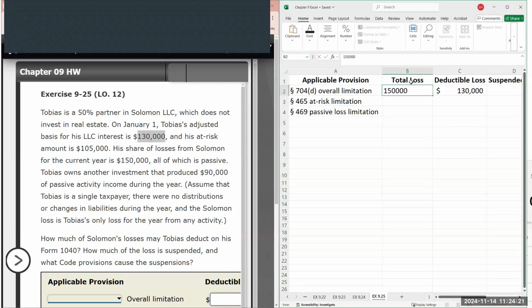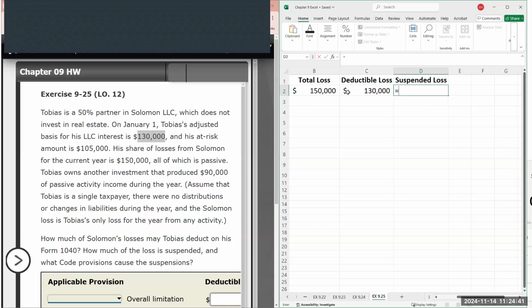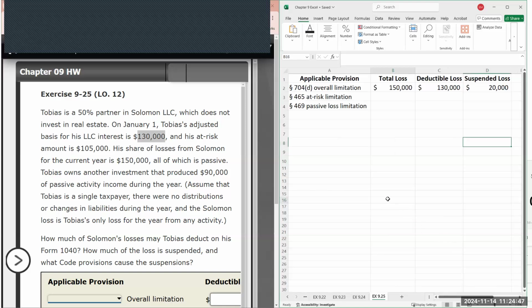The total loss is $150,000, but it is limited to his basis in the LLC. Partnership or LLC, same thing. It's multi-member, treated like a partnership. So the suspended loss would be the total loss minus the amount that is allowed to be deductible, which is $20,000. Next, we move on to the at-risk limitation, Section 465.